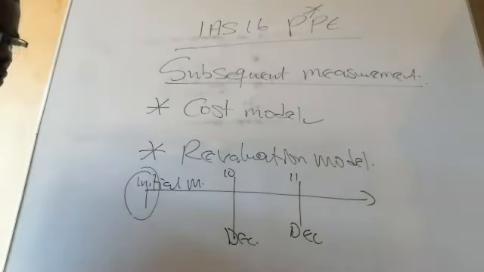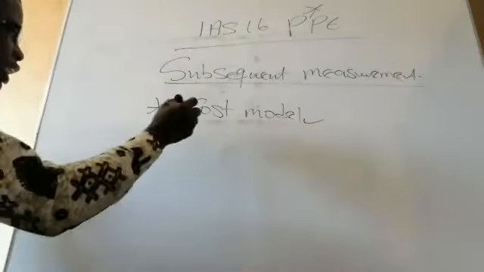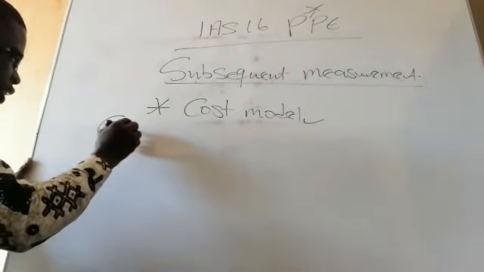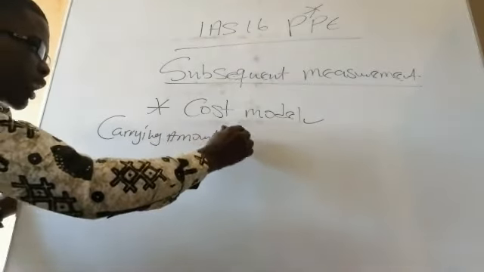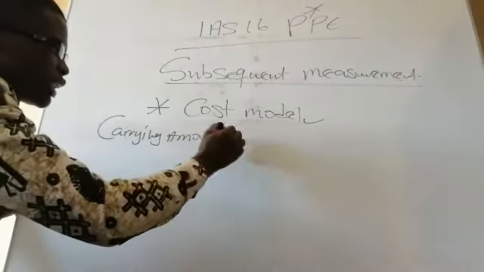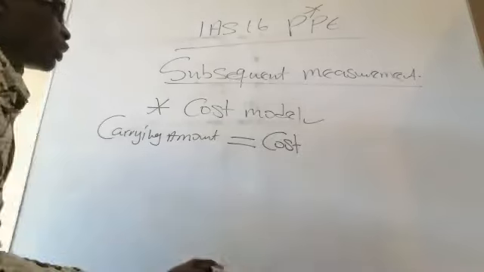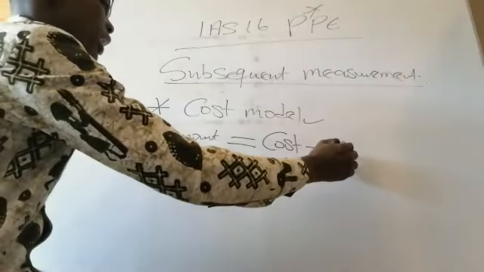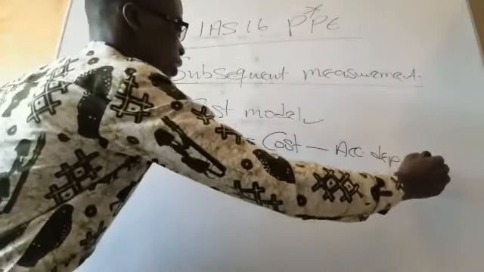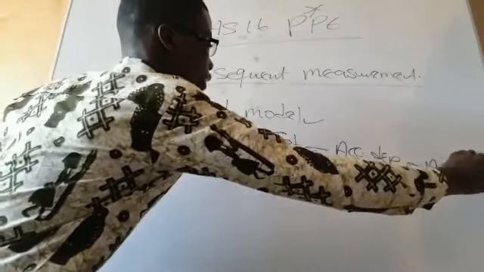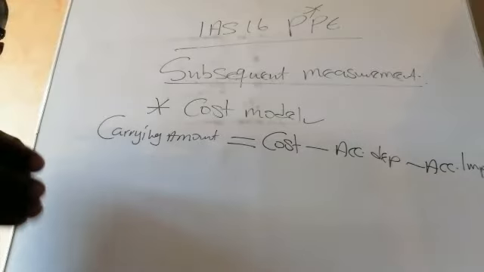First, let's look at the cost model. Under the cost model, the carrying amount of an asset is equal to the cost of the asset less any accumulated depreciation less any accumulated impairment loss.